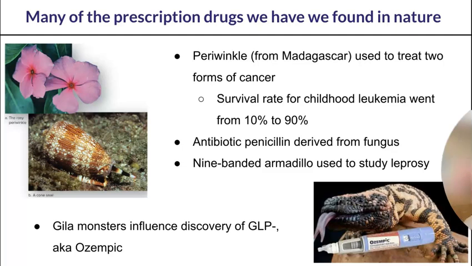The first one is vinblastine, which has been found to be able to treat Hodgkin disease. And the second one is vincristine, which has been used to treat childhood leukemia. With this treatment, the survival rate for childhood leukemia actually jumped from 10% to 90%. And that's pretty significant to now be able to have such a high survival rate.